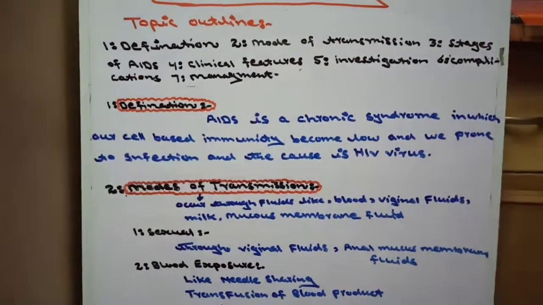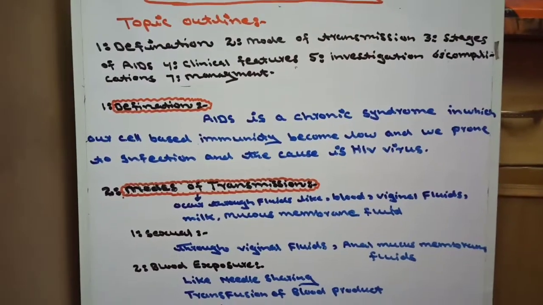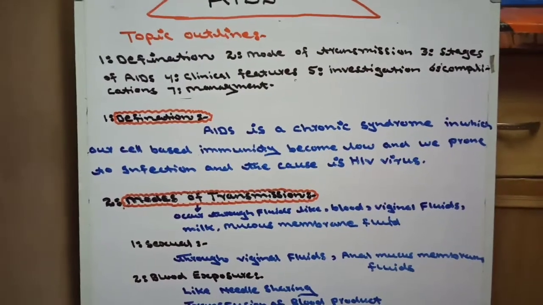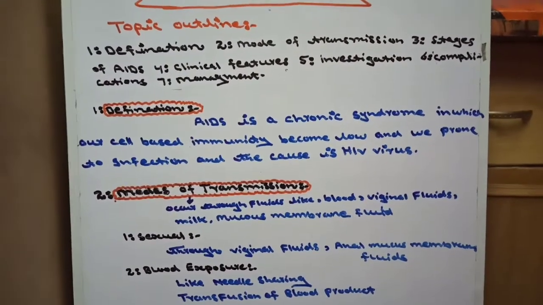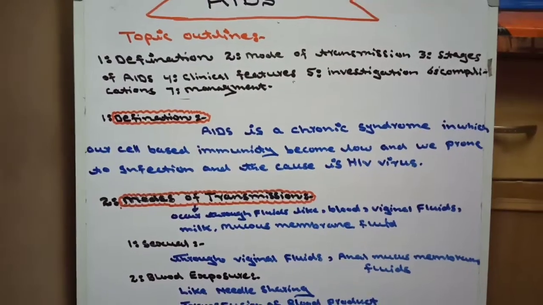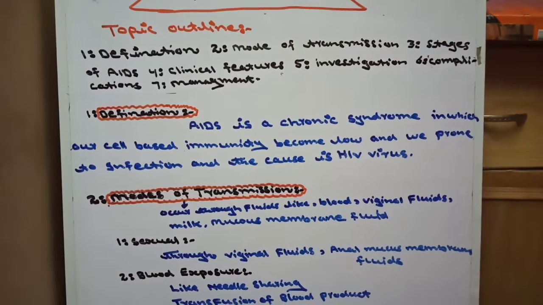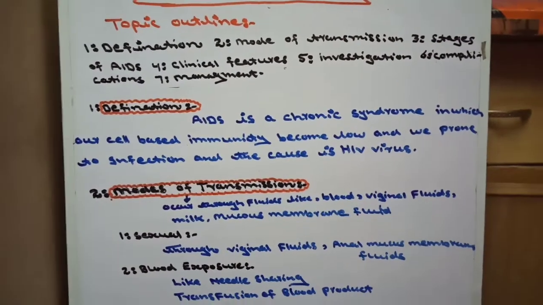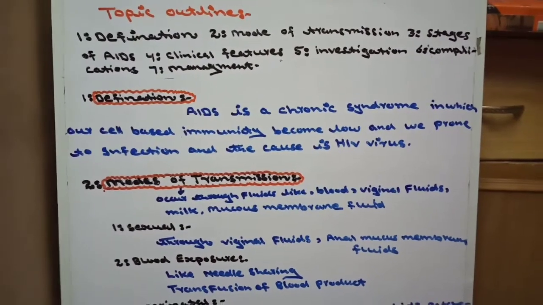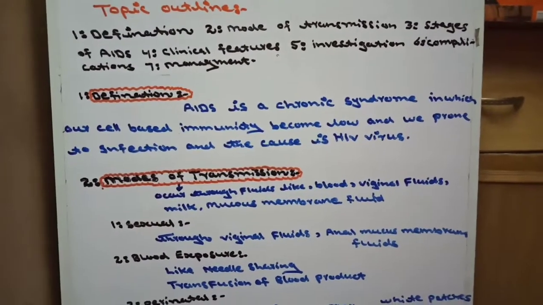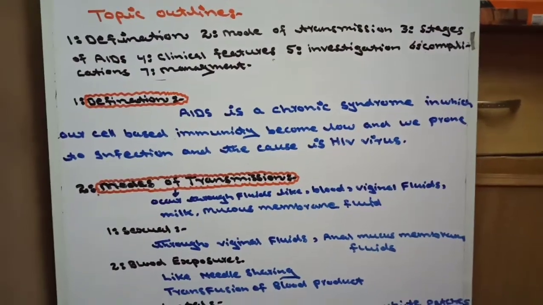First, definition. What is definition of AIDS? AIDS basically is a chronic syndrome in which our cell-based immunity become low. Why? Because HIV virus attack T cell type which is CD4, and when CD4 count become less, then our cell-based immunity become low and we prone to opportunistic infection, and the cause is HIV virus.